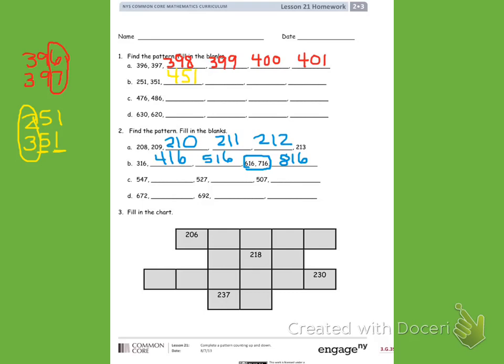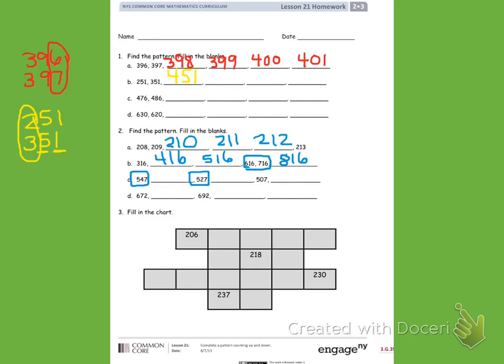Looking at item C, I can see that there are no two numbers next door to each other, but I can compare the 547 with the 527 and see that the middle number, the number in the tens place, has changed. So I will need to also look, has it gone up or has it gone down? 547 at the beginning changed to 527 in the middle.